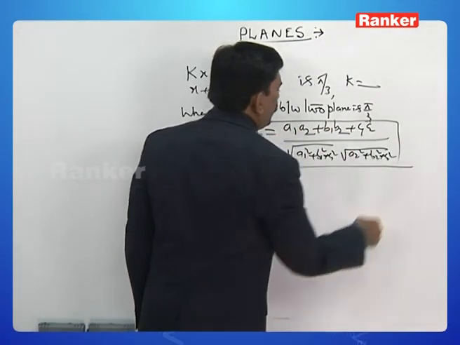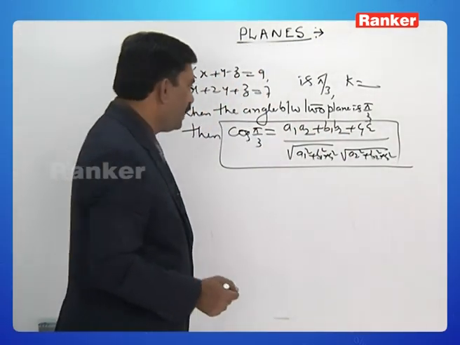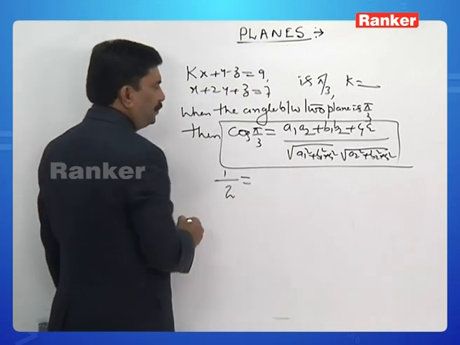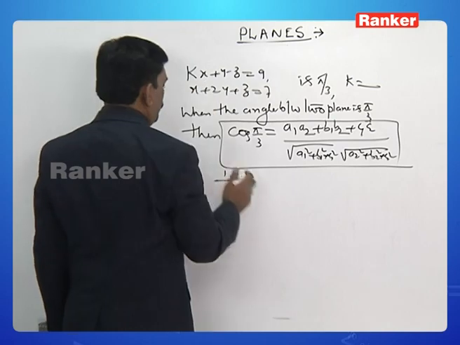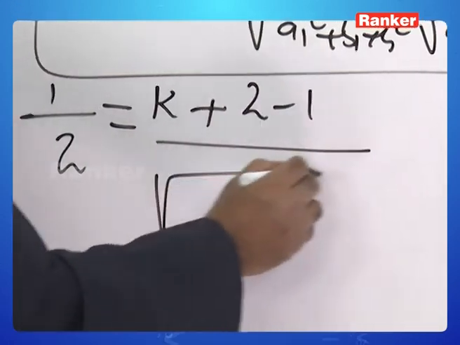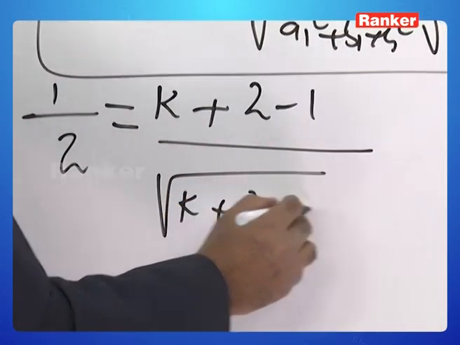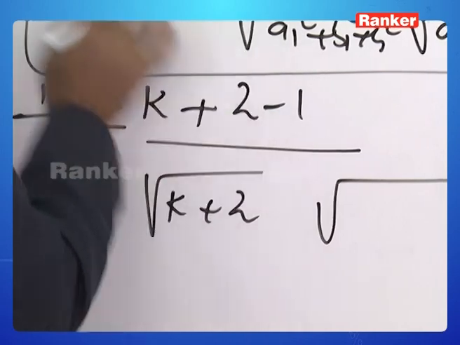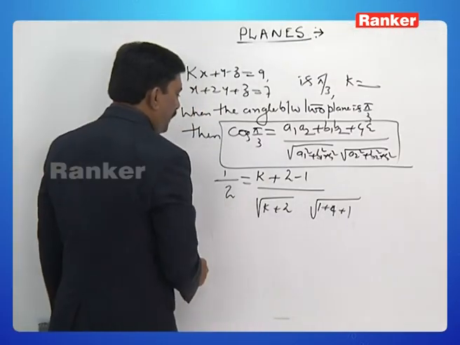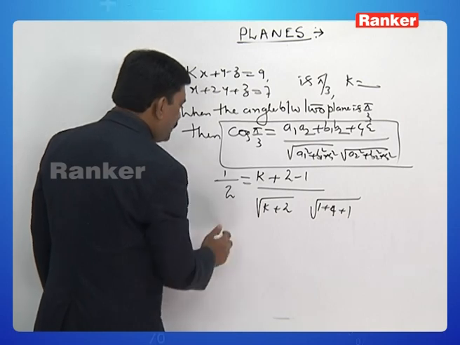This is how you can write. So therefore, what is cos pi by 3? 1 by 2 equals (k plus 1 plus minus 2) by (square root of k square plus 2 into square root of 1 plus 4 plus 1). So therefore, now you cross multiply.